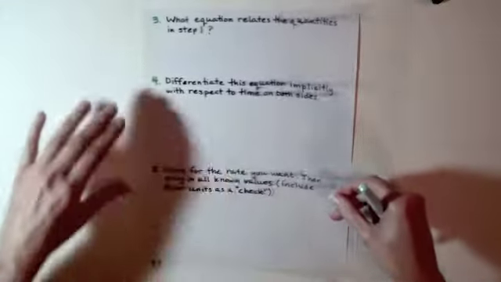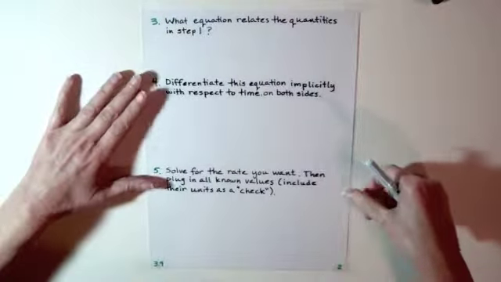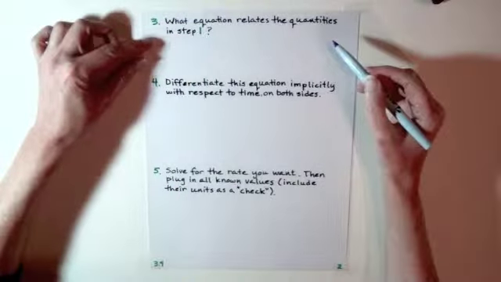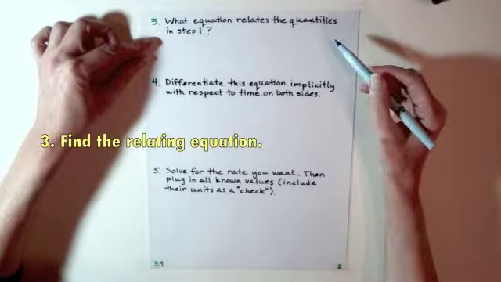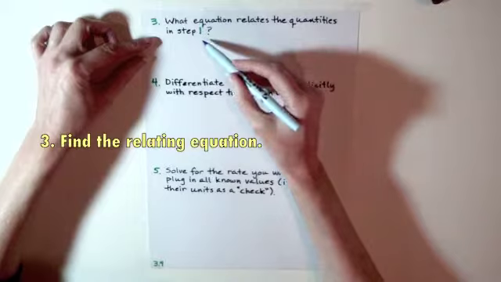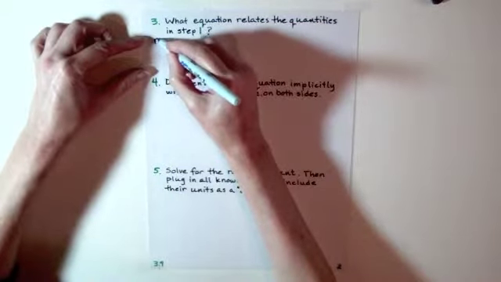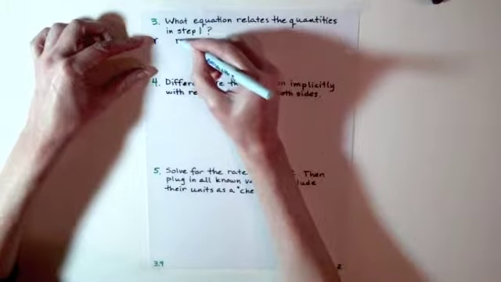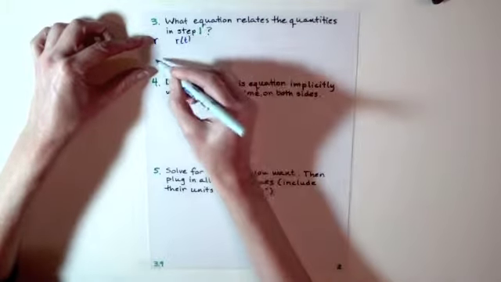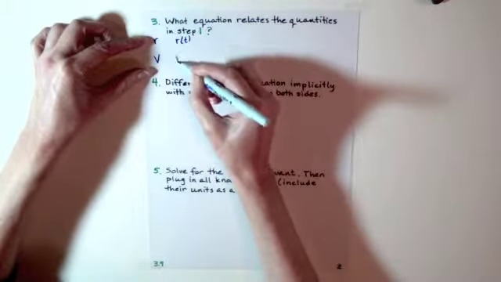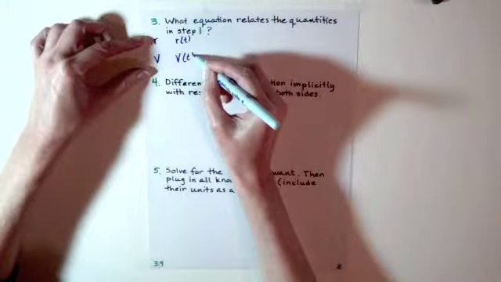Okay, let's go ahead and go to the next page and see if we can talk about the other steps in solving this problem. So step 3, it says, what equation relates the quantities from step 1? And remember, the quantities in step 1 were the radius, which we wrote as a function of time, r of t, and the volume, which we wrote also as a function of time.